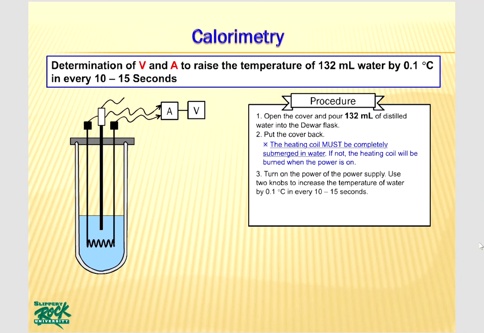Turn on the power of the power supply. Use two knobs on the power supply to increase the temperature of water by 0.1 Celsius in every 10 to 15 seconds. Record the voltage on the voltmeter and ampere on the ammeter.